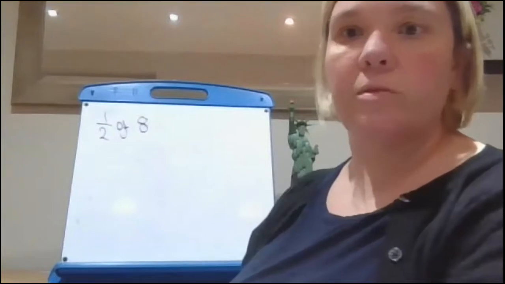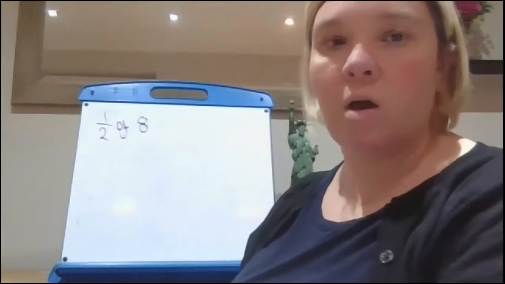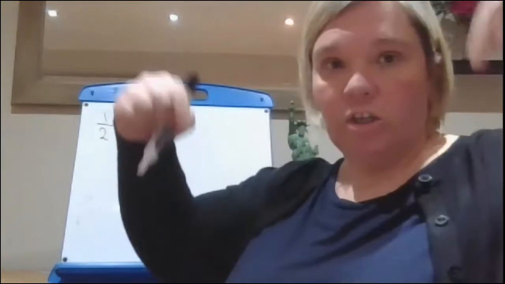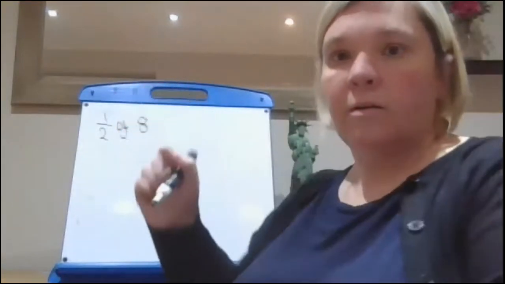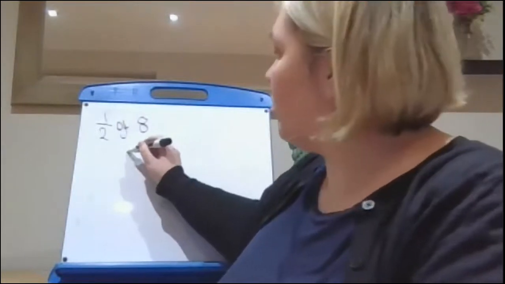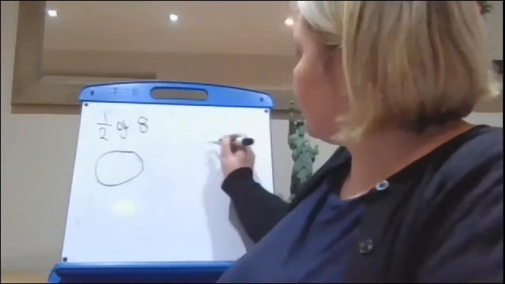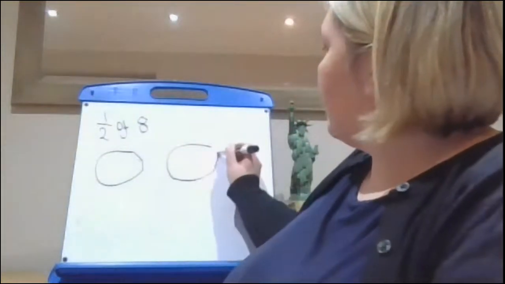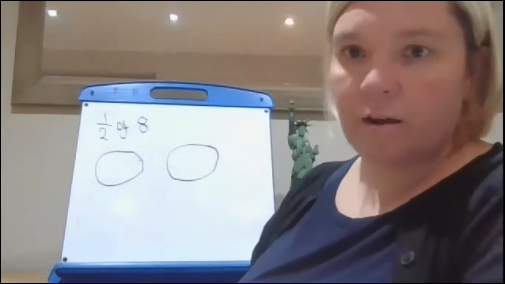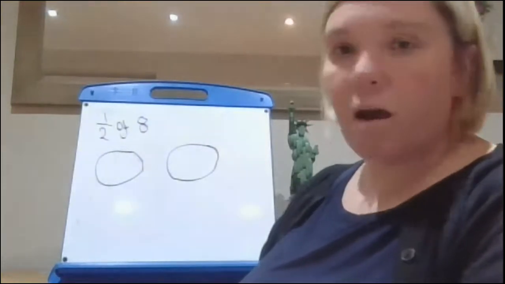How many groups have we got if we are splitting into 1/2? Well, our denominator is 2, so we are going to split it into 2 groups. And we have a total amount of 8, so we're going to split it up into 1/2 of 8.